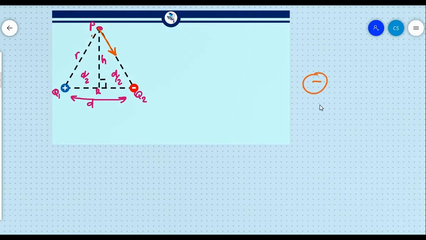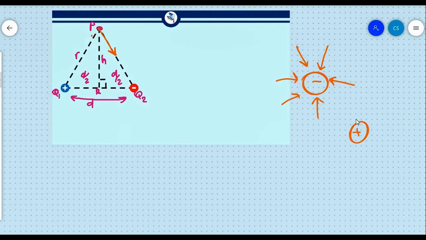And it's important to note that negative charged particles or charge points set up a field that goes radially inwards or towards it, like this. And let's say the positive charges have the fields going outwards.